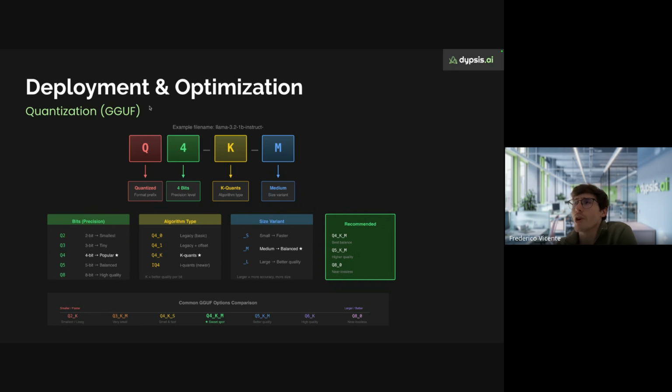For example, before I was talking about the ML format. One model format that is common is GGUF.